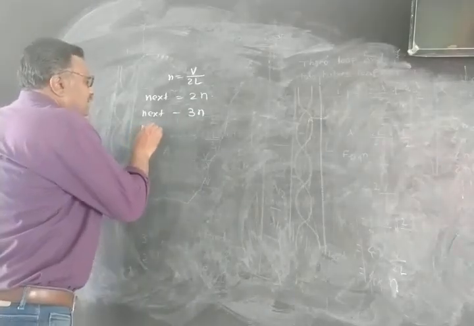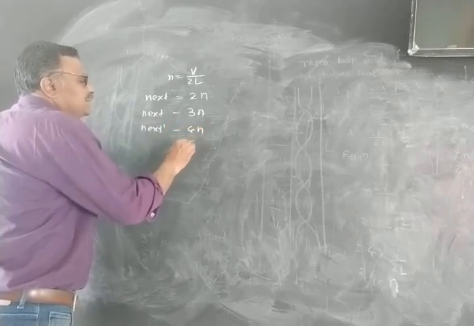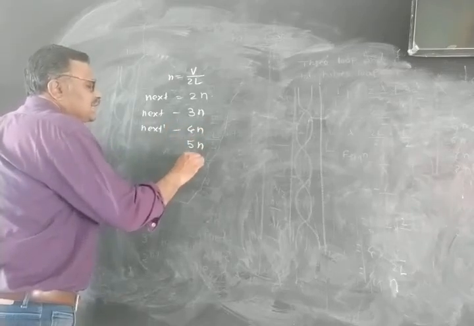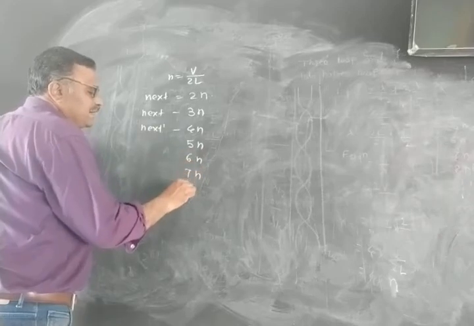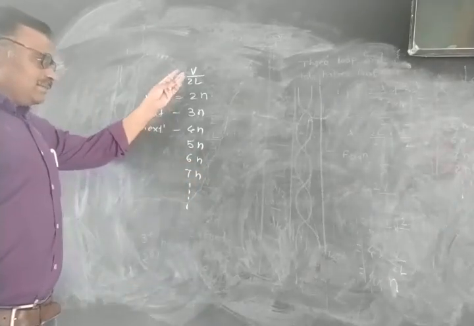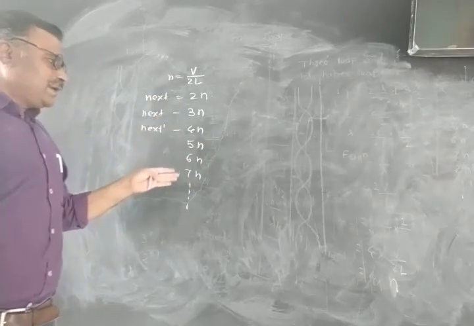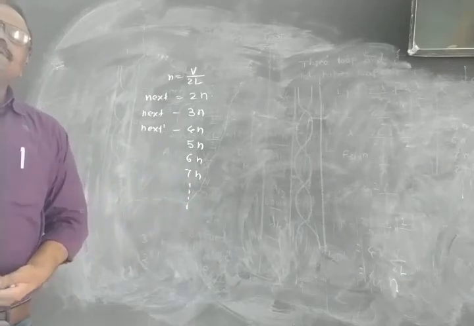Next, frequency of vibration is equal to 4 times N, 5 times N, 6 times N, 7 times N, and so on. In this way, air column in a pipe open at both ends can vibrate with these different frequencies.